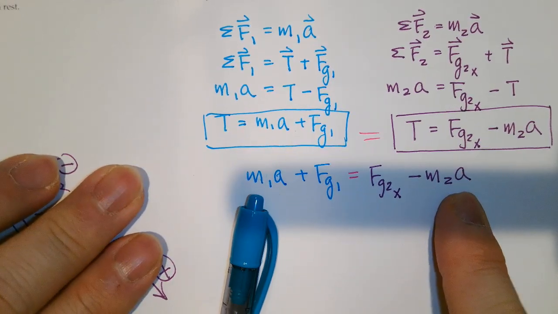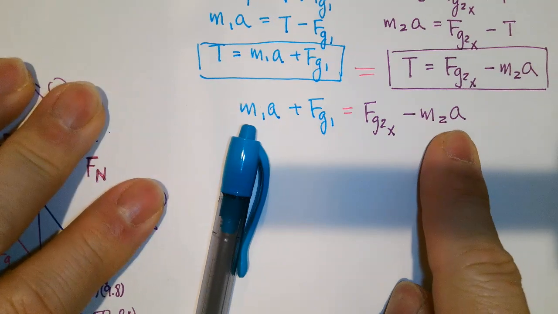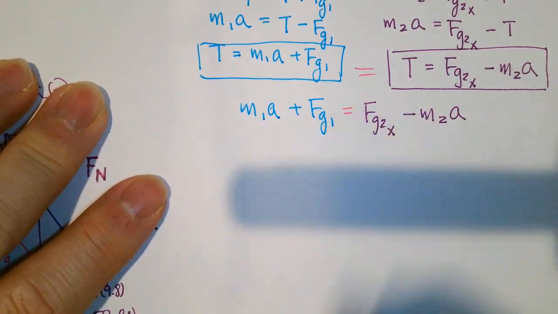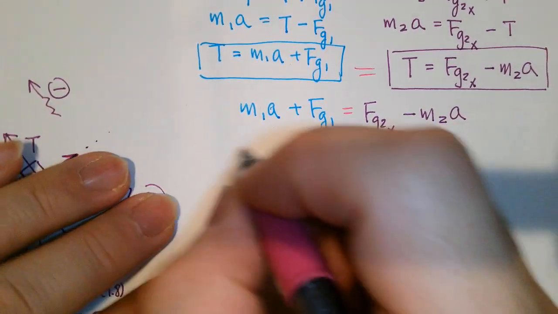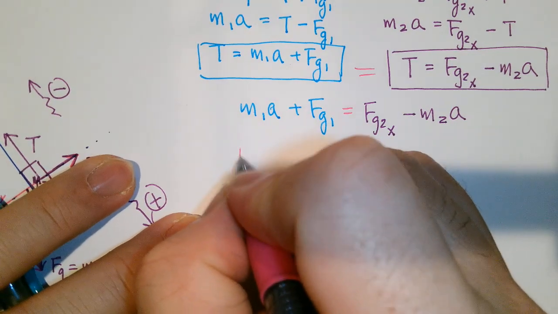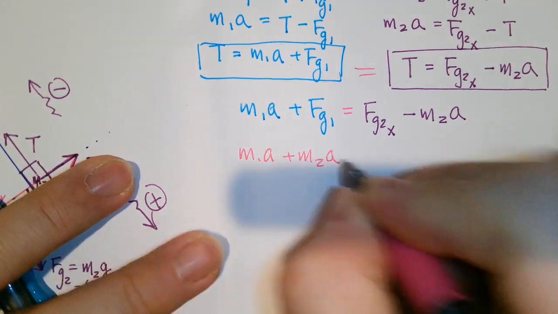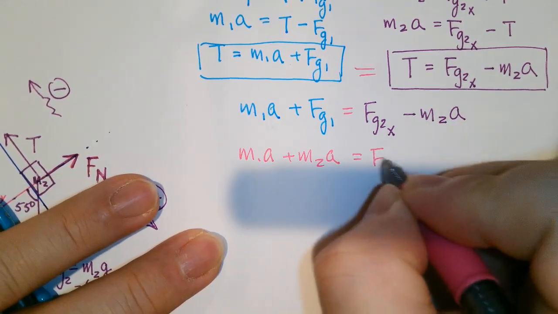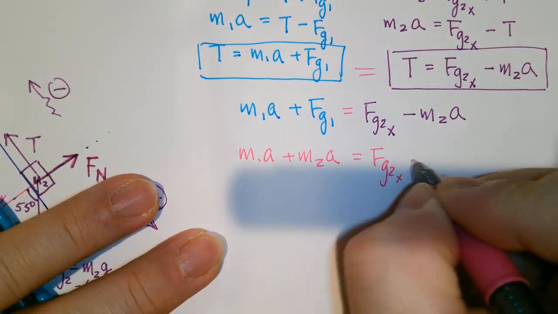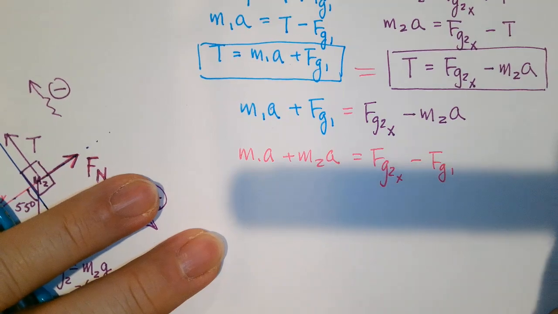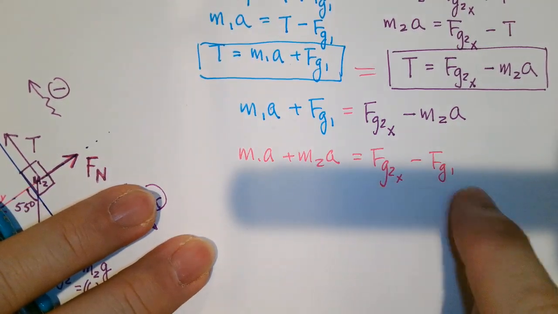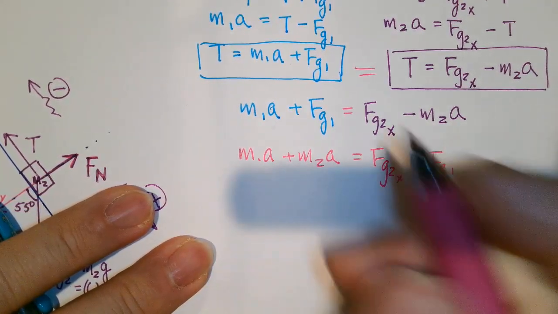Let's isolate the A's, and then solve for A. So M1A plus M2A is equal to Fg2x minus Fg1. We already know what these values are, and we already know what M1 and M2 are.